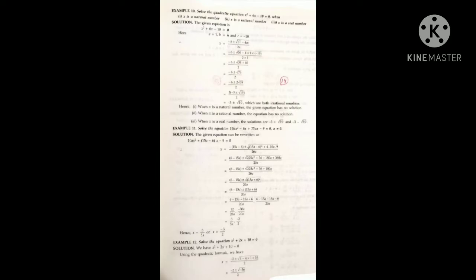We can write minus 36 as minus 4 into 9, right? So under root of 4 will be 2, which can be written as again 2 under root of minus 9. So we will take 2 as common and we will write 2 into minus 1 plus minus under root of minus 9 whole divided by 2. 2 and 2 get cancelled and we get x is equal to minus 1 plus minus under root of minus 9.